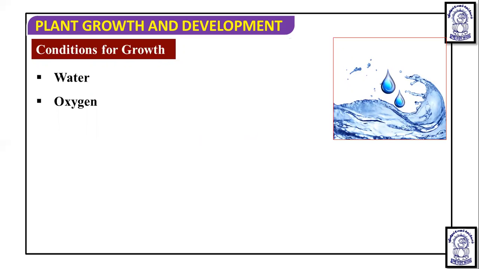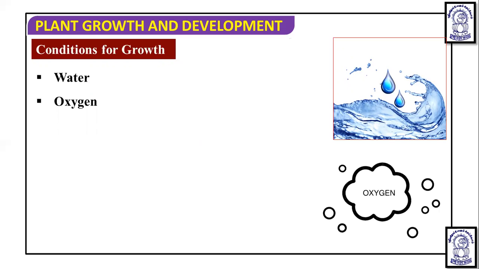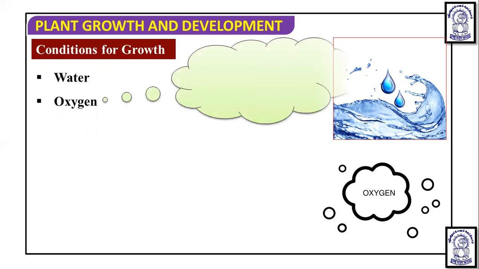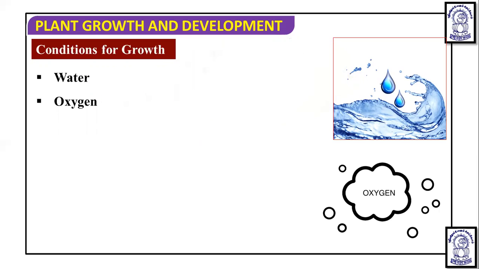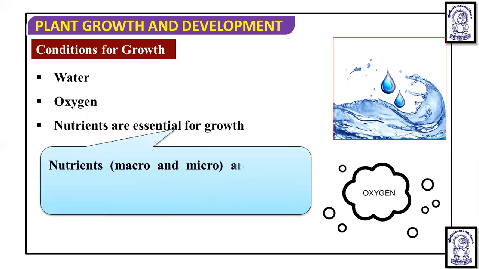Next one is oxygen. Oxygen helps in releasing metabolic energy by aerobic respiration, which is essential for the growth activities. Third is nutrients. Macro and micro essential nutrients are required by the plant for the synthesis of protoplasm and act as a source of energy.